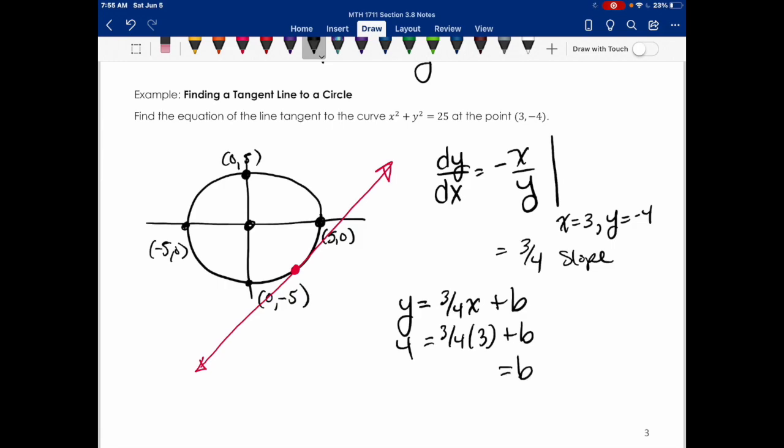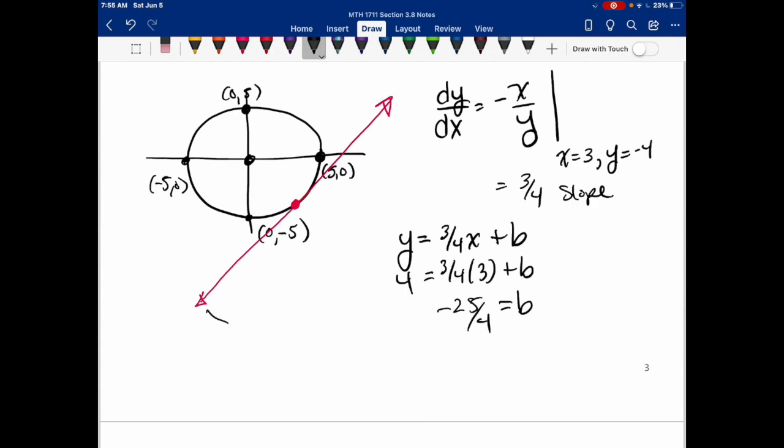When I solve for b, I'm going to get that b is negative 25 over 4. So the equation of this line right here that just touches at the point 3, negative 4 is going to be y equals 3/4 x minus 25 over 4.